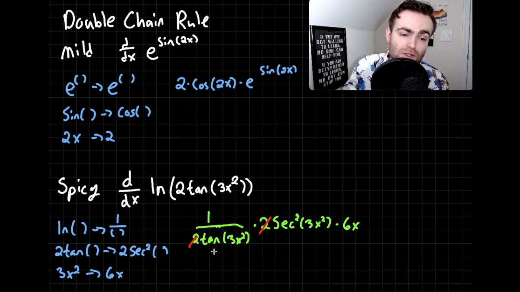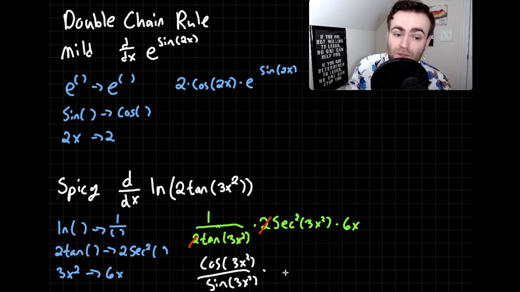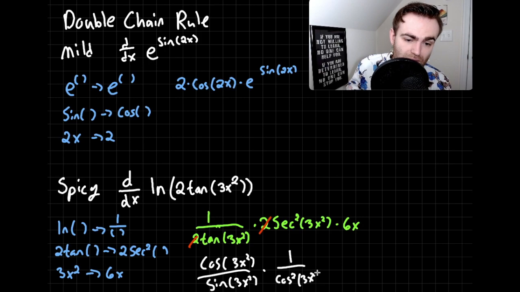So the 1 over tangent is cosine of this 3x squared over sine of this 3x squared, times secant squared is 1 over cosine, so that would be 1 over cosine squared of 3x squared.